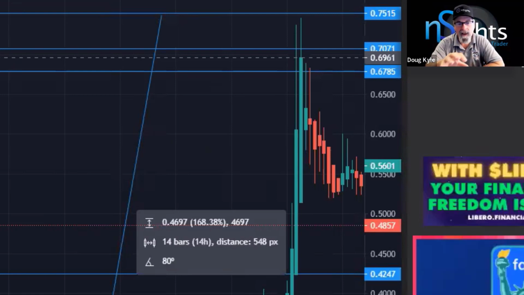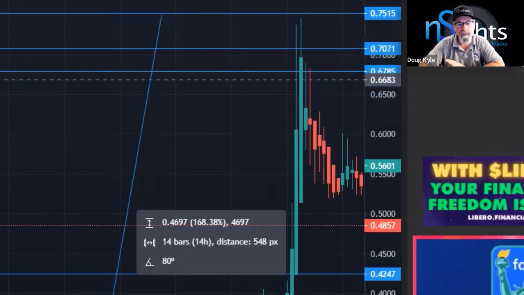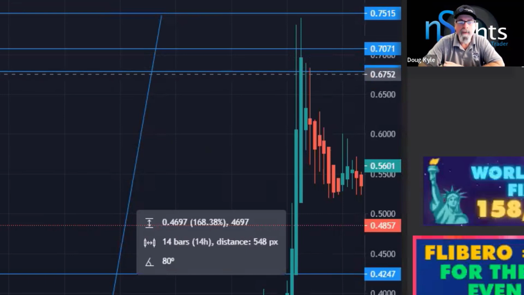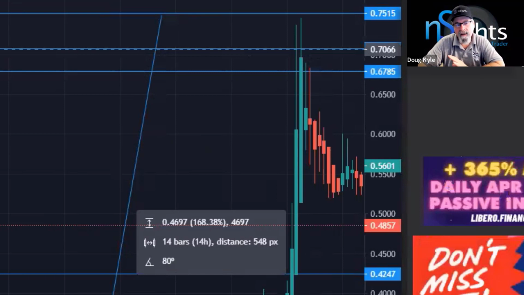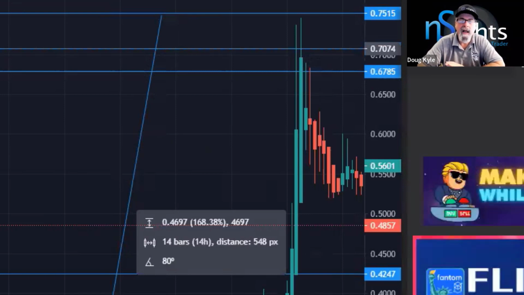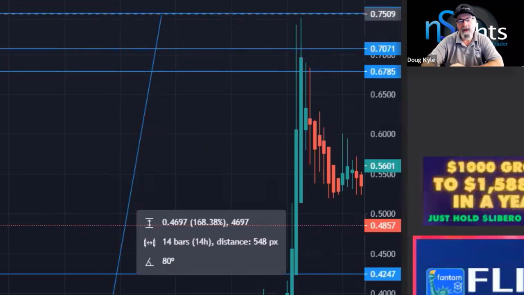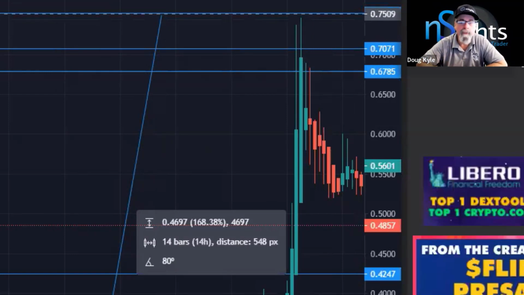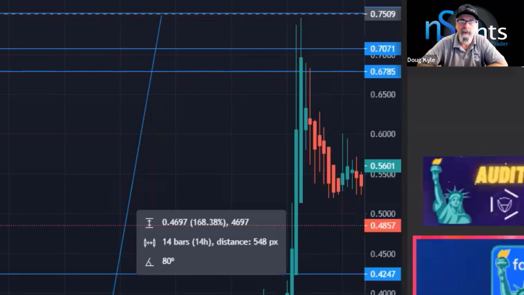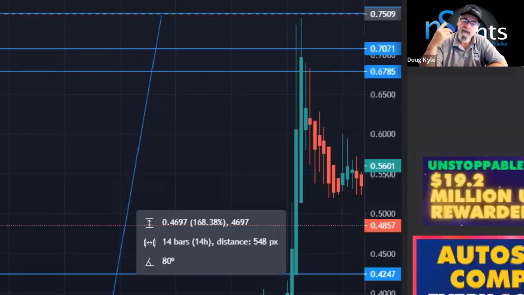Okay. So if I want a higher probability of hitting it, I would take the lower line. If I want to take a little bit of risk, I would take the middle line. If I want to really just say, I don't care, either hit it or I'm good at holding on until it does, even if that's 6 months from now. Okay. Those are the decisions you have to make as you move through this.